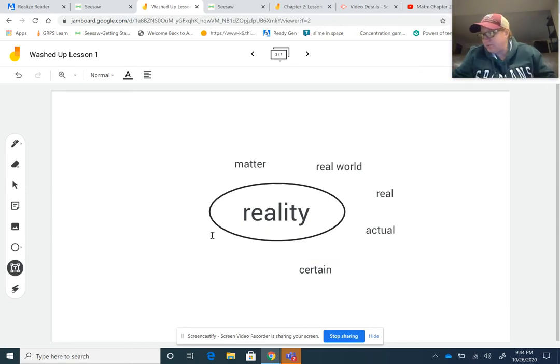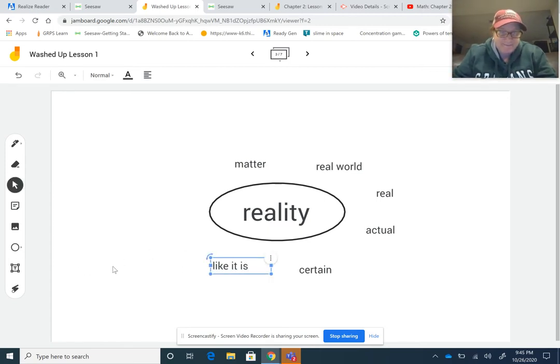It can also mean, I wrote out some beforehand, like it is. I already have real, right? Yep, real. A truth can mean truth.